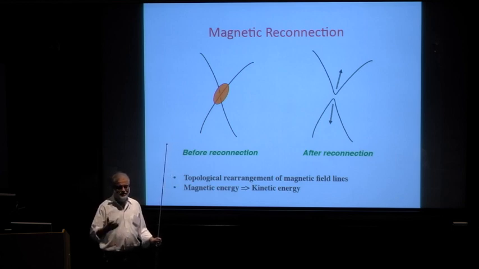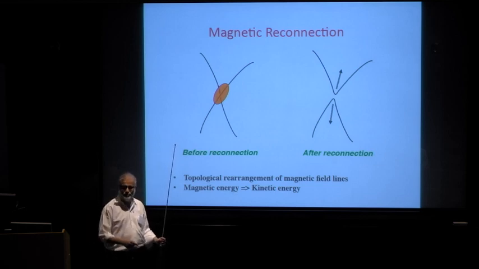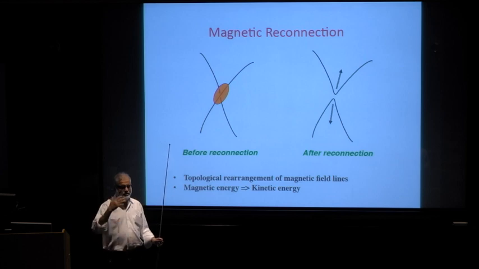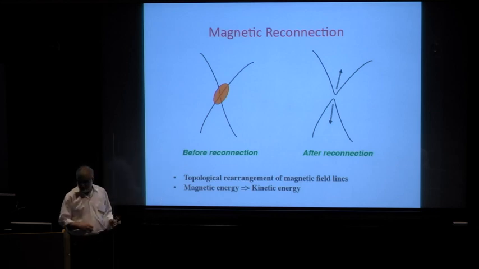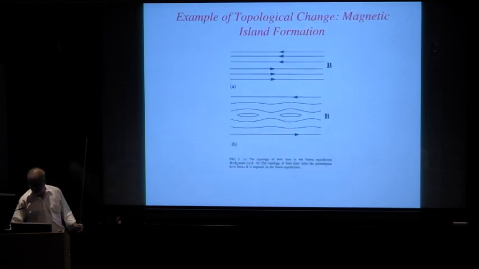Why? Not just because energy decays in a dissipative system, but because reconnection enables topological reconfiguration of field lines in such a way that you can have access to minimum energy states that you cannot have if the plasma is ideal. And that can produce enormous amounts of energy that ideal relaxation does not let you.